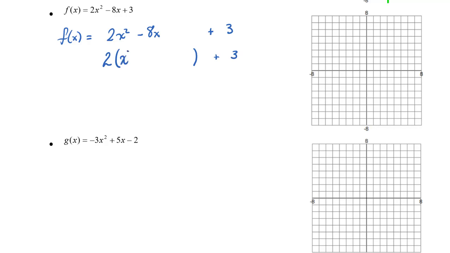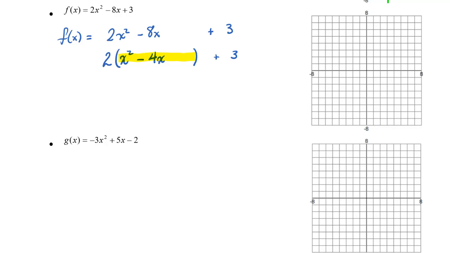That gives me an x squared minus 4x. The number inside I need to identify to make this a perfect square trinomial inside the parentheses. This has to be a perfect square trinomial for me to be able to write it as a binomial squared.